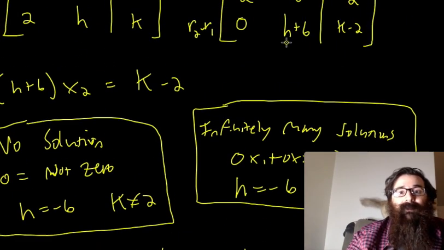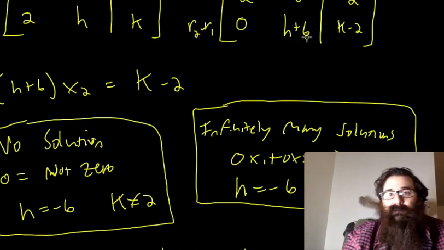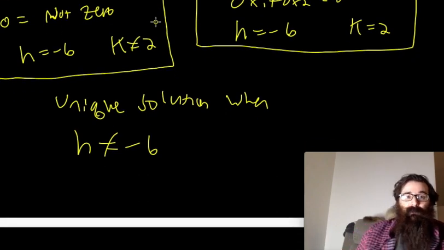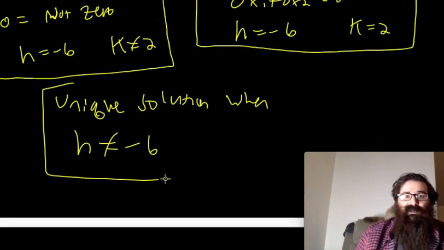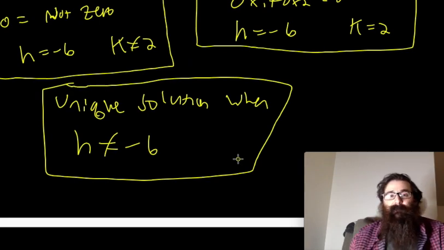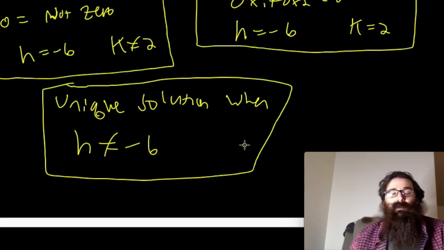It would give me some leading entry here. I'd scale it to a leading 1, and then I could solve for what x sub 2 is supposed to be. Right, this would give me some non-zero value, and then I'd be able to solve for x2. So you'd say, okay, for a unique solution, h just would not want to be negative 6. That keeps my leading entry as some non-zero value. I can then work ahead and solve.